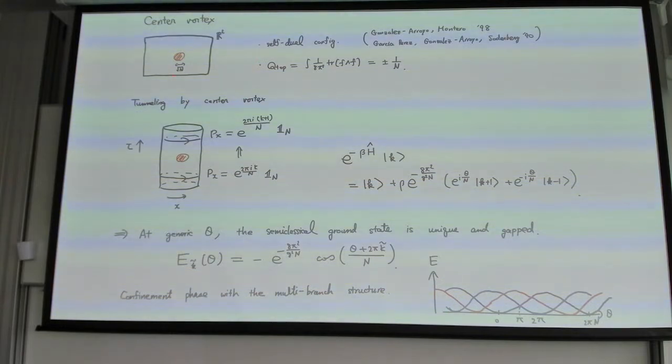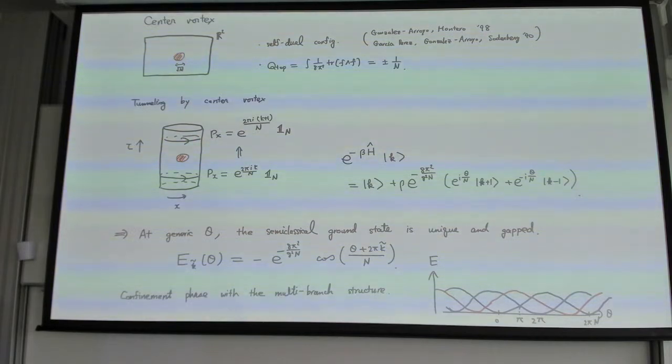If you compute the topological charge with this center vortex defect, you get a fractional topological charge plus or minus 1/N. Although the total topological charge of SU(N) Yang-Mills theory should be an integer, with this twisted boundary condition the topological charge of this self-dual configuration can be fractional, given by plus or minus 1/N. And this center vortex gives interesting tunneling processes.